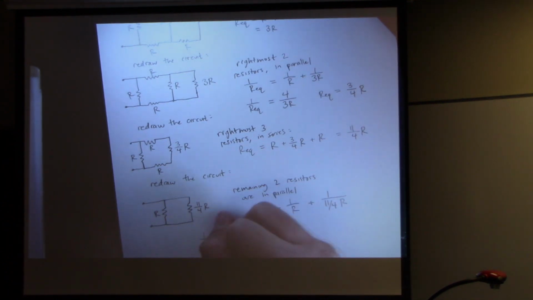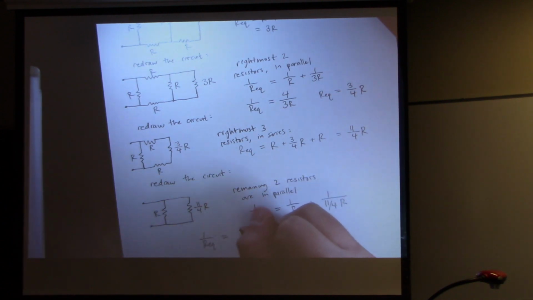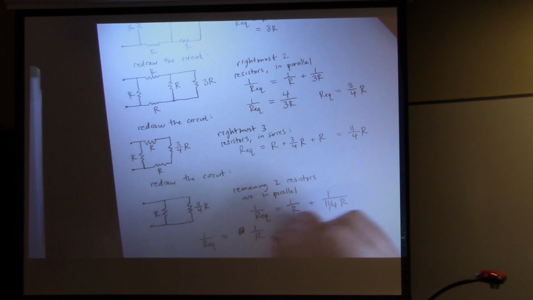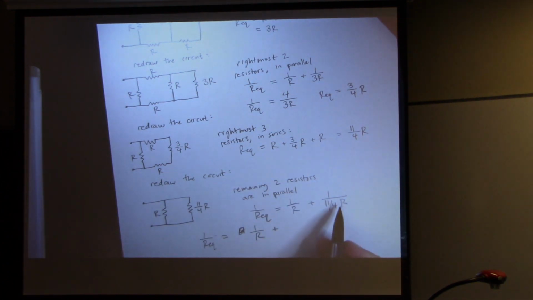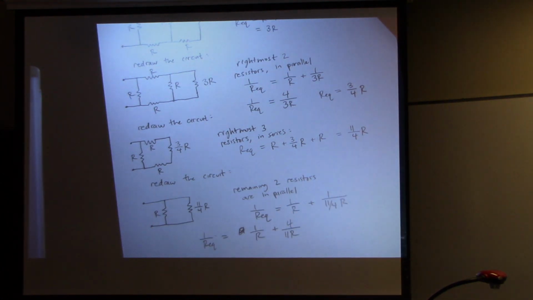So 1 divided by Req is equal to, here, let's write this as 1 over R. And then here what we have is 4 divided by 11R. That's effectively what that is.